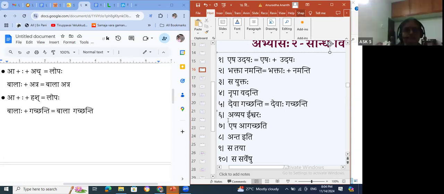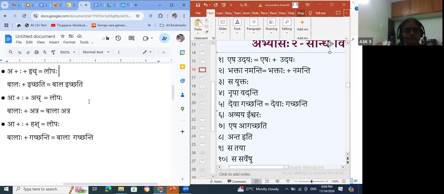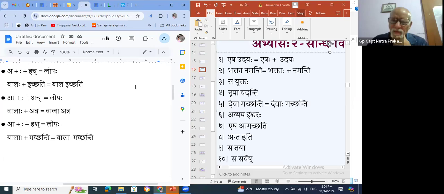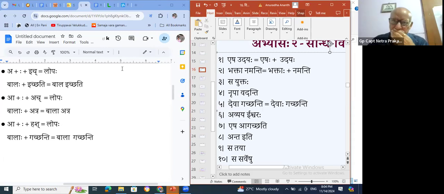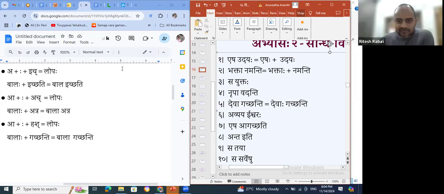Avyaya Ishvaraha. Avyaya plus Ishvara. Ritesh Mahadev wants to try. Avyayaha, any avyaya followed by ach, lopa happens.